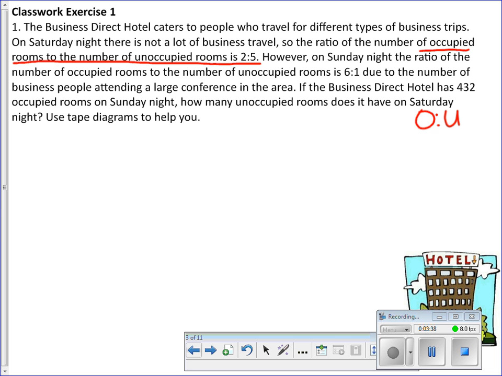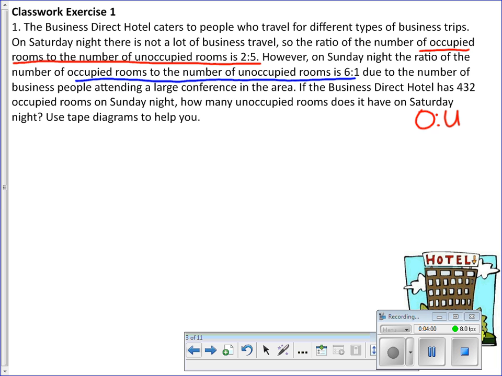Now I see another ratio of occupied rooms to unoccupied rooms is 6 to 1. What's the difference between those two ratios? This is the only thing new for today's lesson. We're going to look at problems that have two sets of ratios.